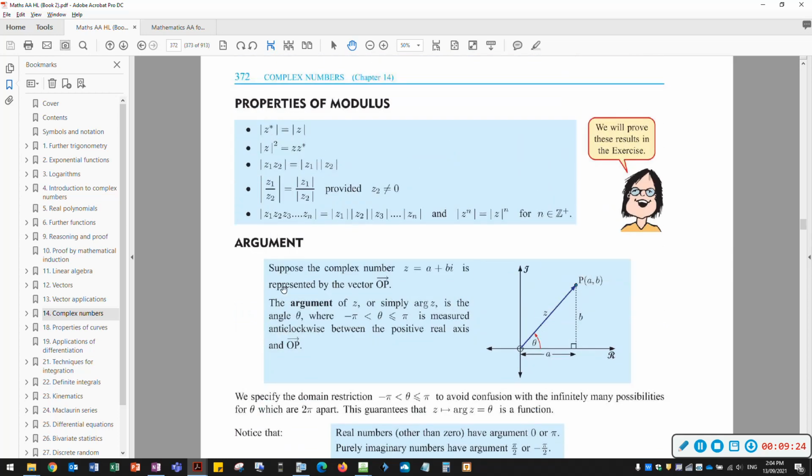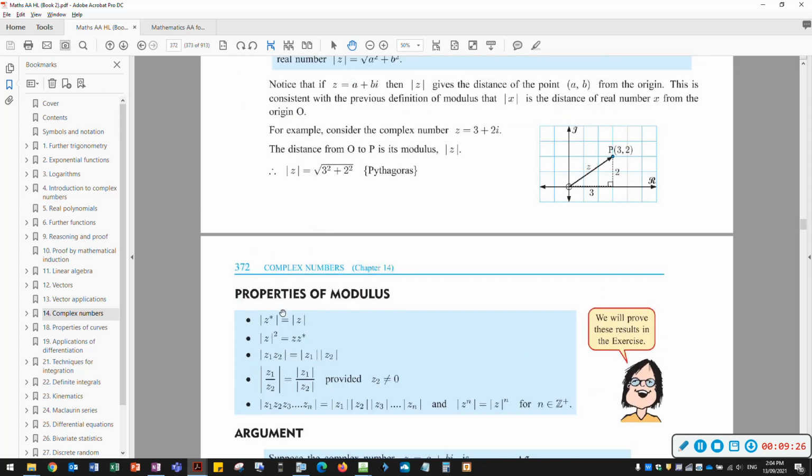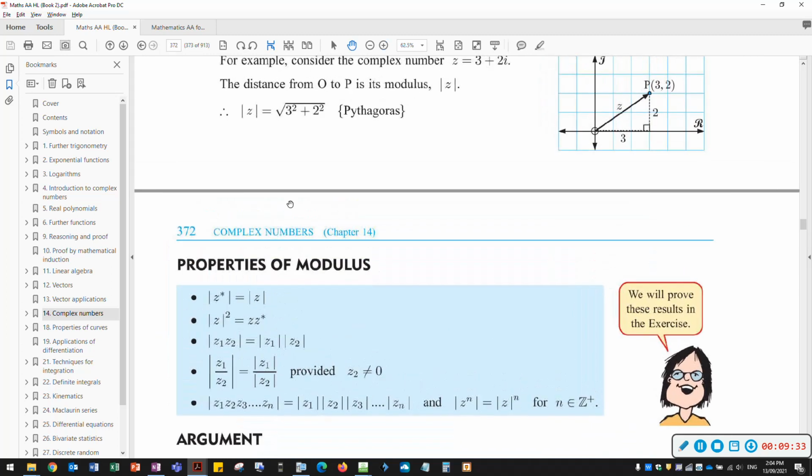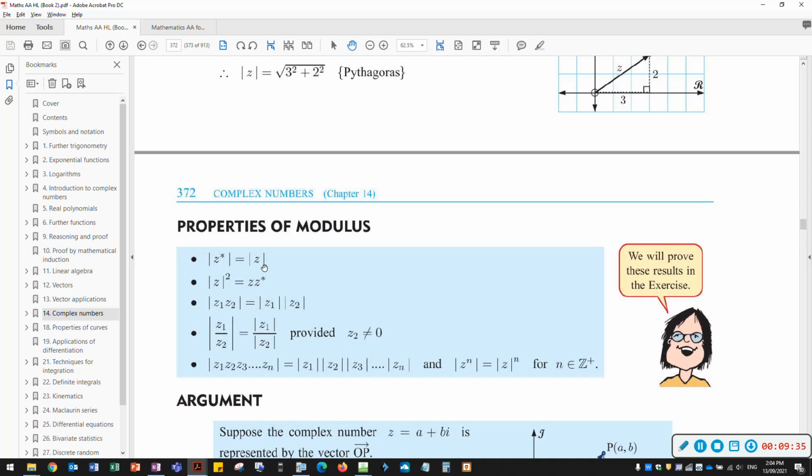In section 14b, you can see there that the modulus of a conjugate is the same as the modulus of the complex number itself. I think that's easy to understand because when you work out the modulus, you're squaring the real and the imaginary part, a squared plus b squared. It doesn't matter if b was negative, it gets squared. So that's easy to understand.